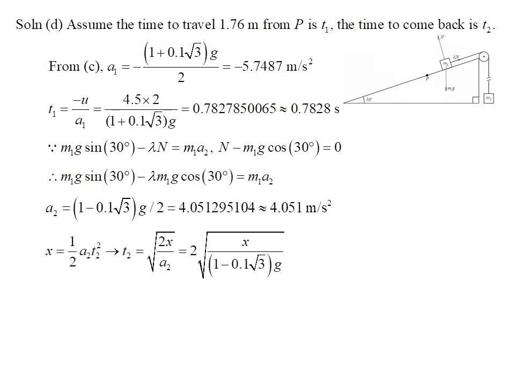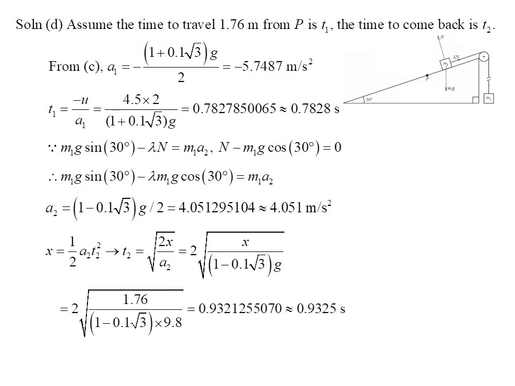According to the equation of motion, x equals half times a2 t2 squared, which gives t2 equals square root of 2x over a2, which equals 2 times square root of 1.76 over (1 minus 0.1 square root 3) times 9.8, which equals 0.9325 seconds.